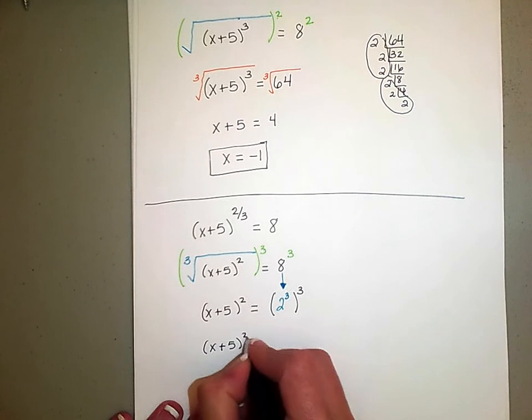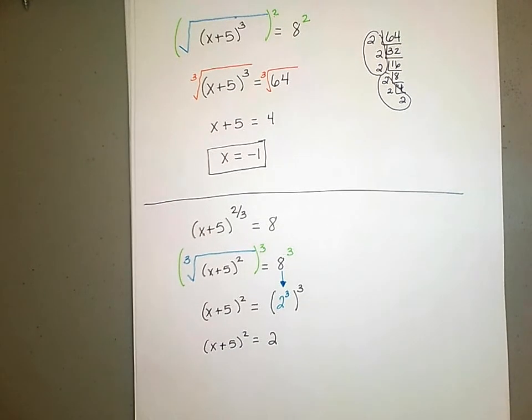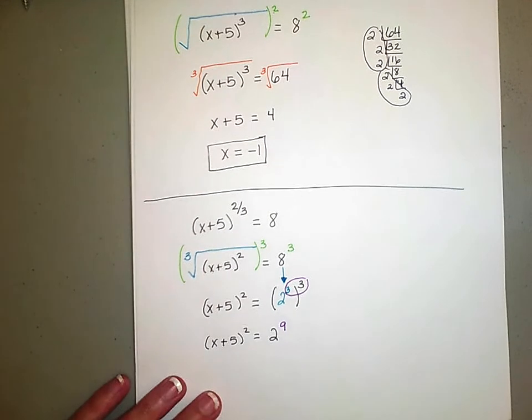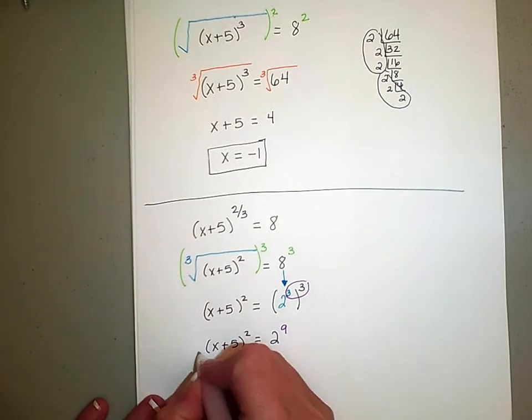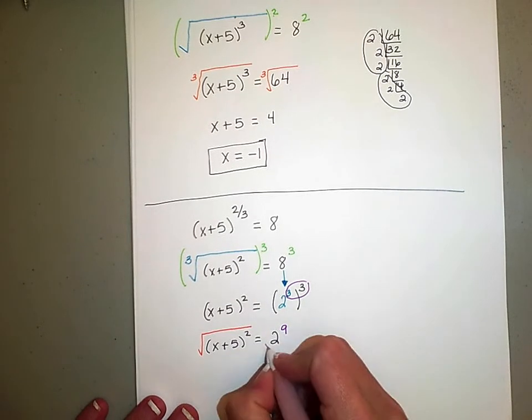So this is x plus 5 squared is equal to 2 to the 9th. 3 times 3 is 9. Now to get to the variable here, I'm going to have to take the square root.